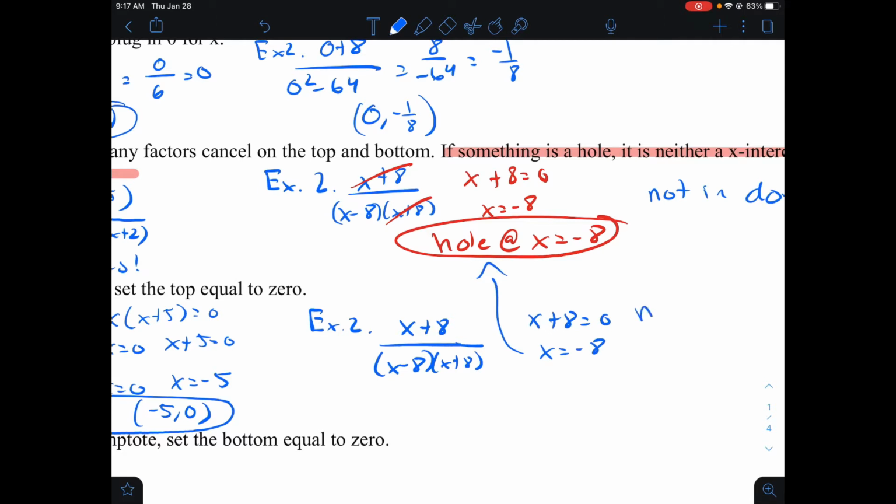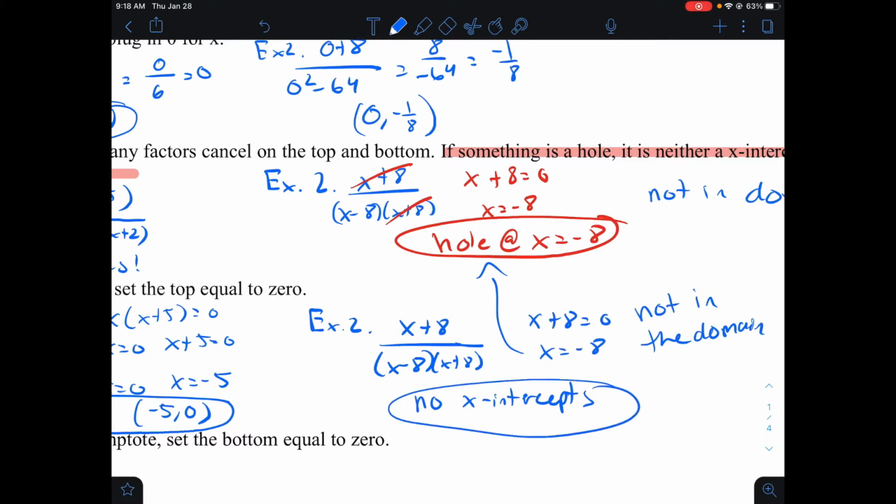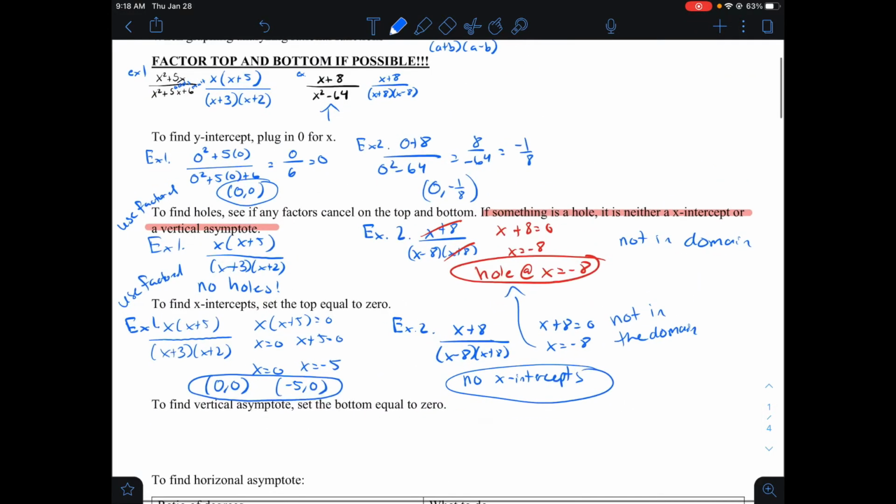That means that it's not in the domain. So that means that there's actually going to be no x-intercepts. If there had been another factor on top, we might have had an x-intercept, but since our only 0 was not in the domain, we've got no x-intercepts.